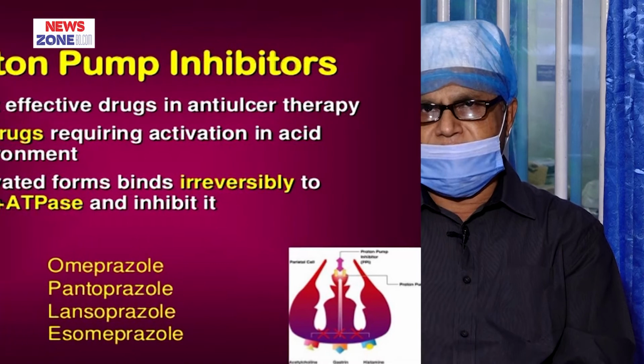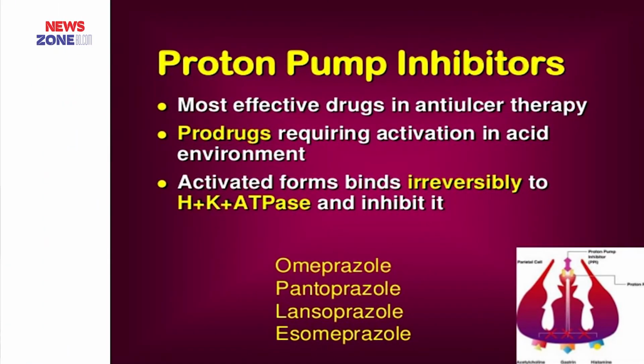Proton pump inhibitors. Most effective drugs of PUD, products requiring activation in acid environment. Activated forms bind irreversibly to hydrogen potassium ATPase and inhibit it. You know the drugs: omeprazole, pantoprazole, lansoprazole and esomeprazole.